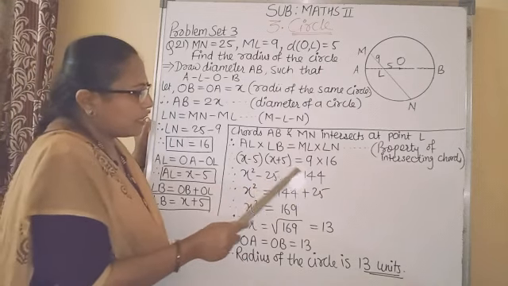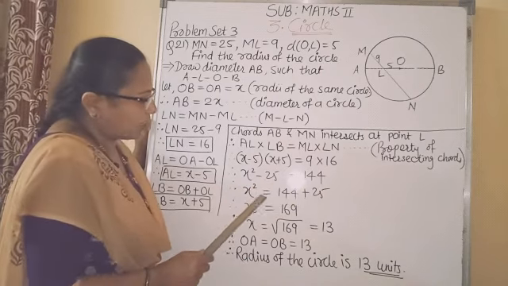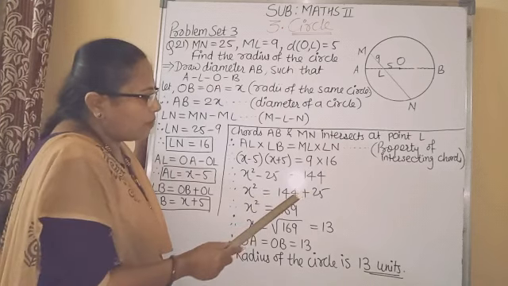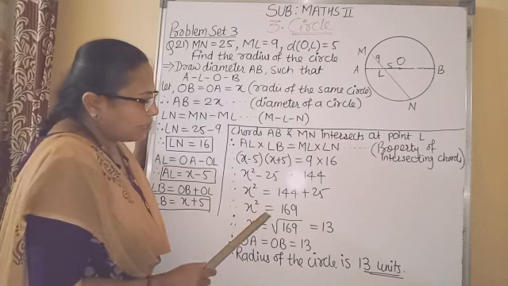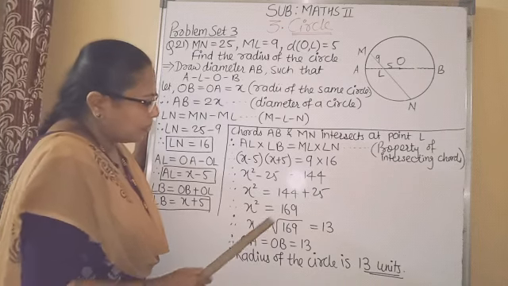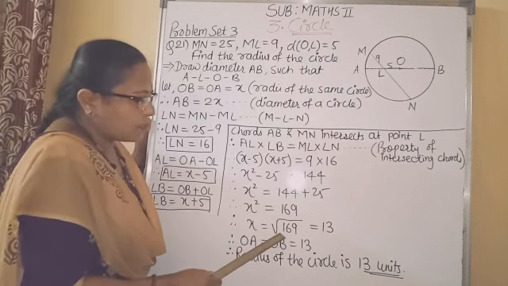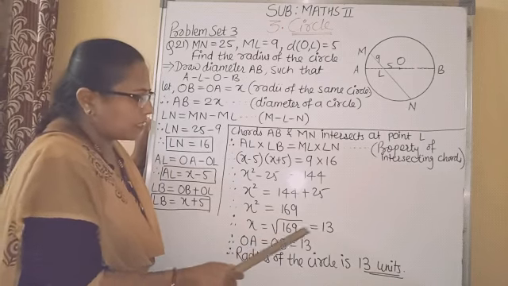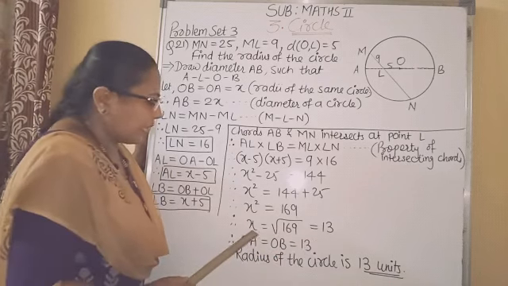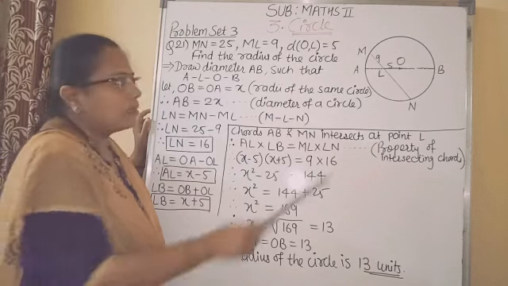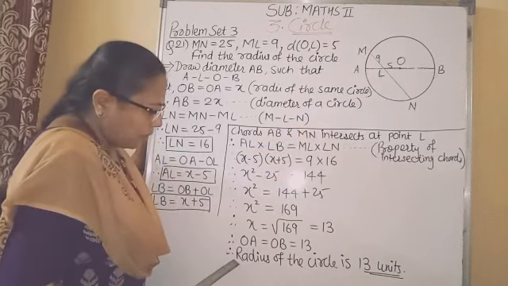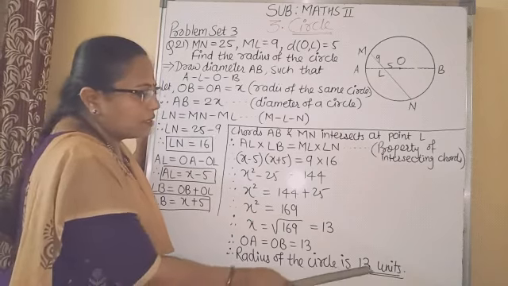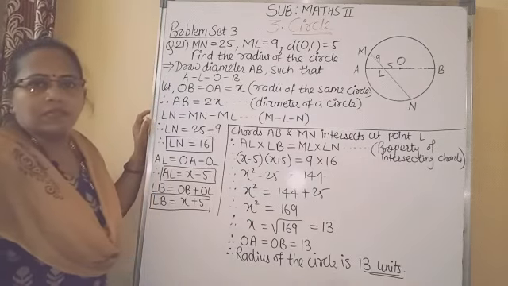Now take minus 25 to the other side. So X square is equal to 144 plus 25, X square is equal to 169. So X is equal to the square root of 169, which is 13. X is the radius of the circle, OA and OB. So the radius of the circle is 13 units.